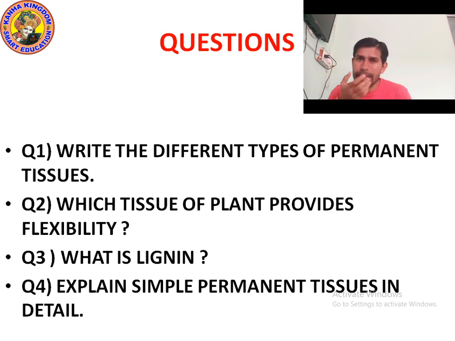And if we talk about collenchyma, collenchyma consists of elongated cells having less intercellular space and thickened at the corners, and they give flexibility and allow easy bending of different parts like stem, leaf, etc.